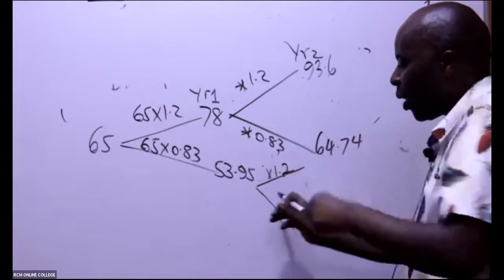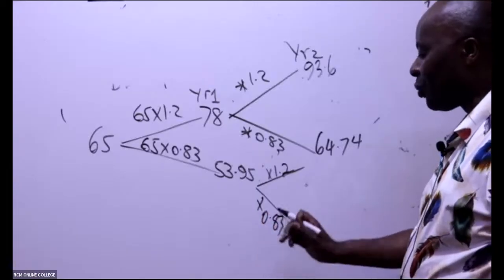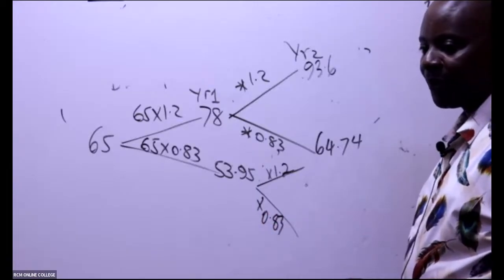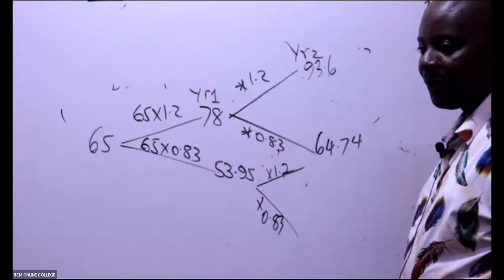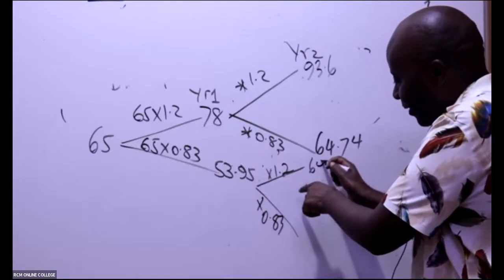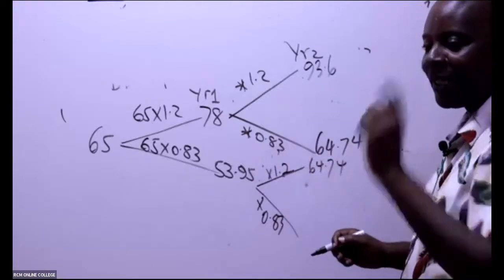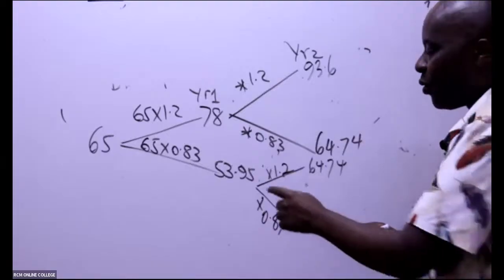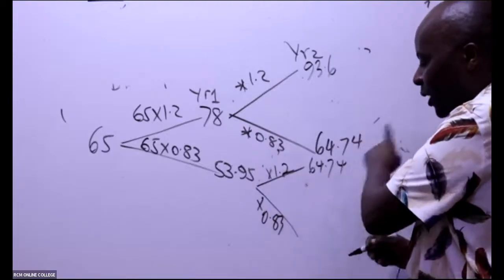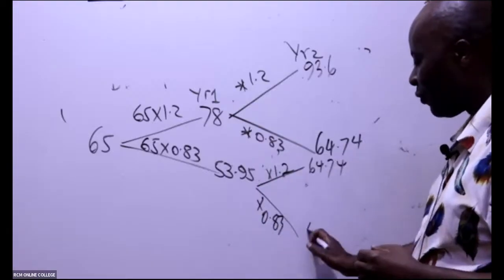And if it goes down, we multiply this figure by 0.83. The middle figure must always agree. If it doesn't agree, you're doing it wrongly. So 53.95 times 1.2 gives me that. 53.95 times 0.83 will give me 44 point what here?